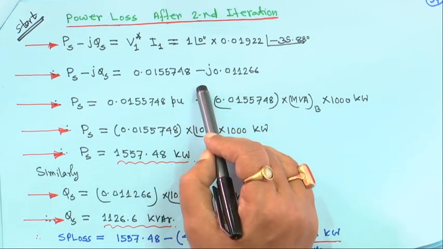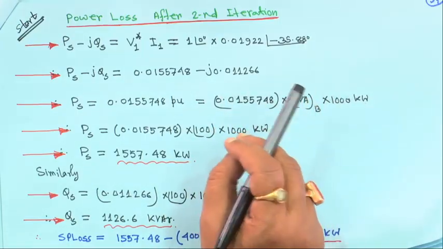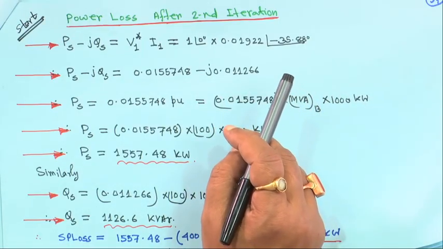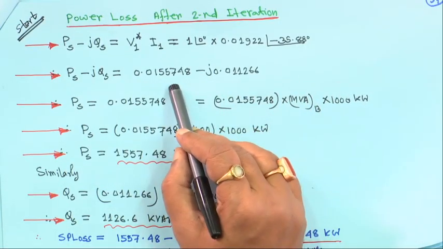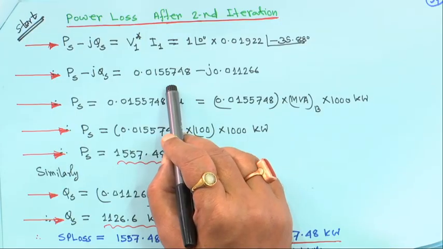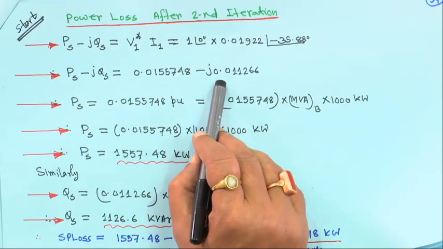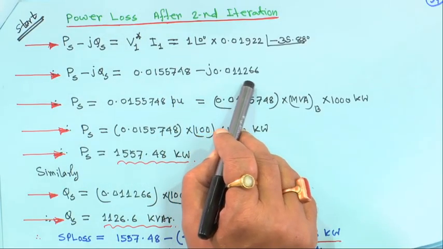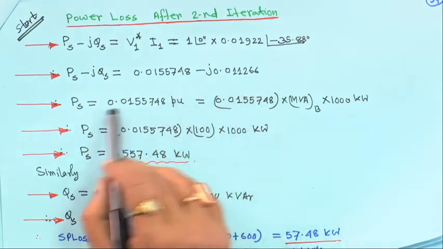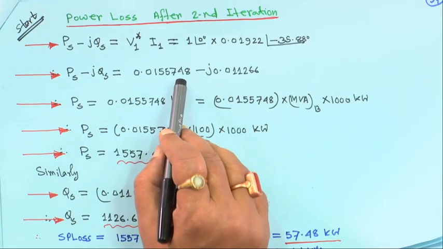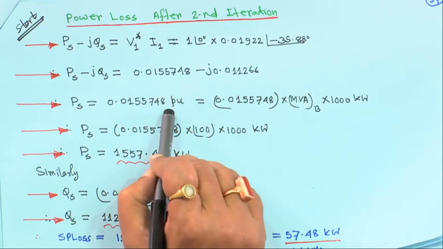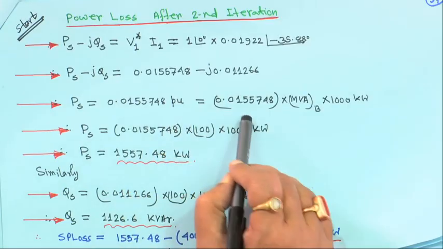But for assignment or exam purposes, I suggest you consider only up to 4 or 5 decimal places, do not go beyond that. Minus j 0.01126.